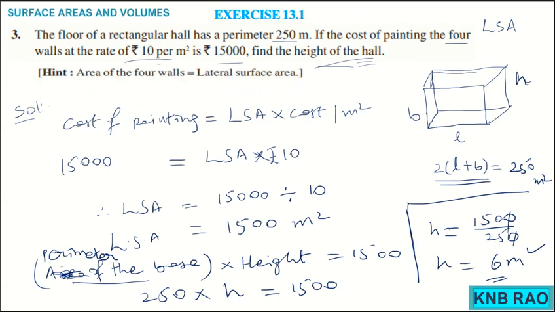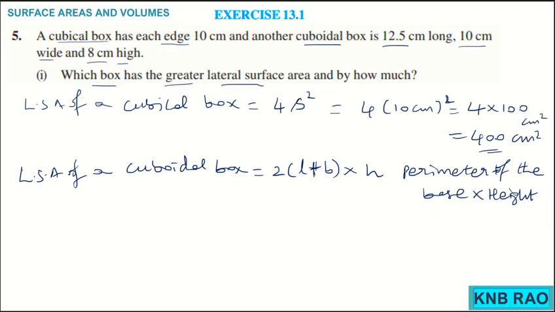So, see how we could commit an error if we do not write this formula. So, write this formula and always keep recollecting it. Perimeter of the base into height is 2 times of L plus B into height.